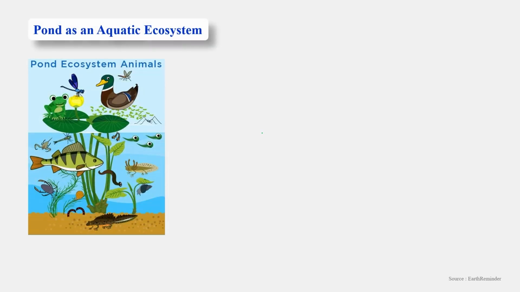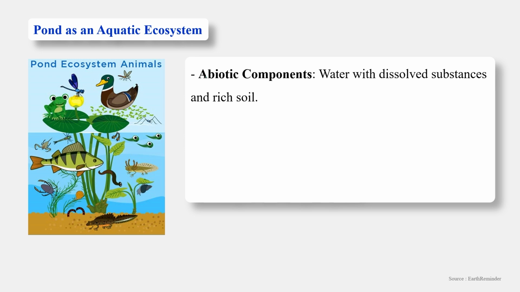Now let's discuss an example, a pond as an ecosystem, and a pond comes under the aquatic ecosystem category, right? So with the pond as an aquatic ecosystem, the abiotic components are some kind of soil, some dissolved nutrients, dissolved elements, and water as well.